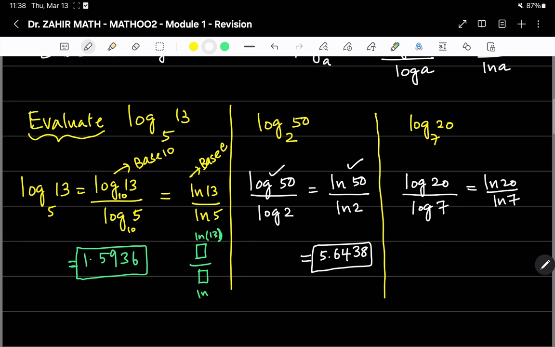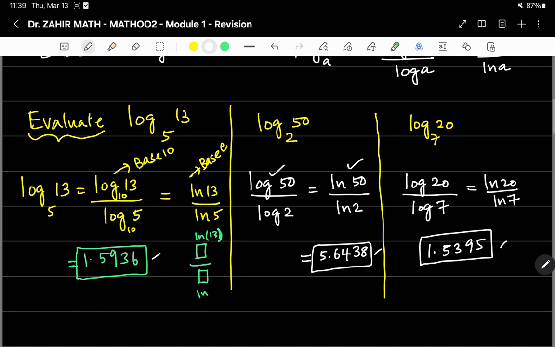So again fraction mode. ln 20, close the bracket, divide by ln 7, ln 7, close the bracket. ln 20 divided by ln 7 is 1.5395. Some people can write 1.54, no problem. So in this way you are going to give the answer.